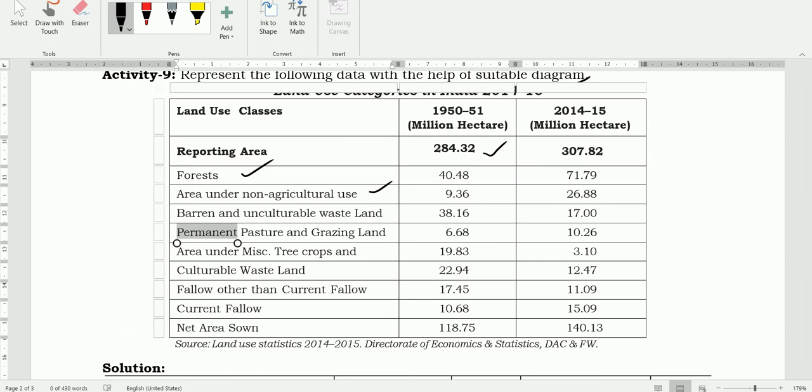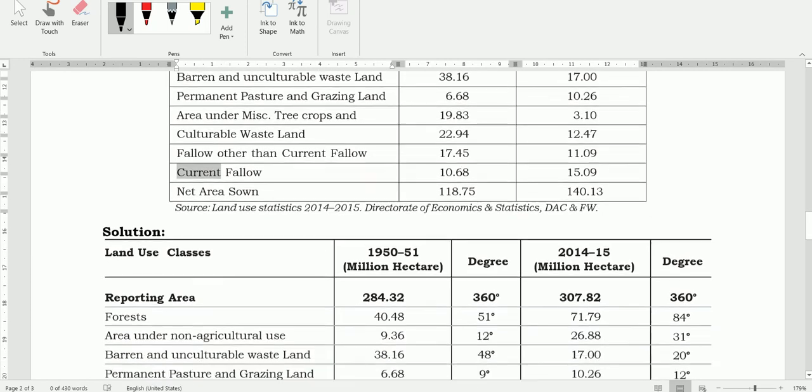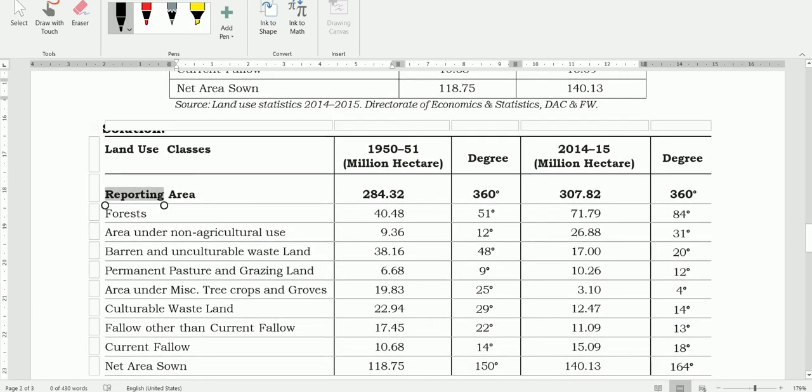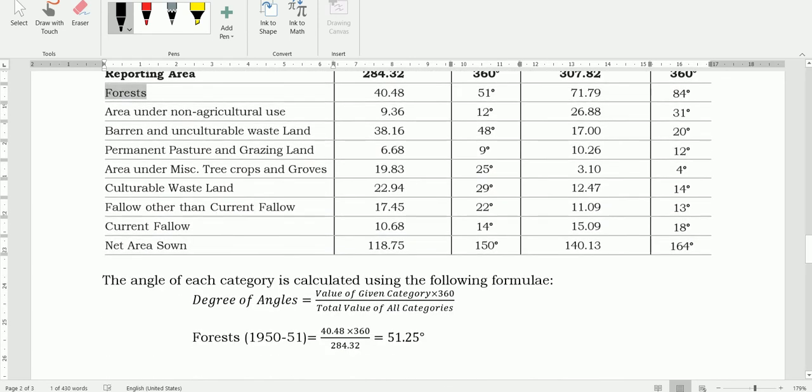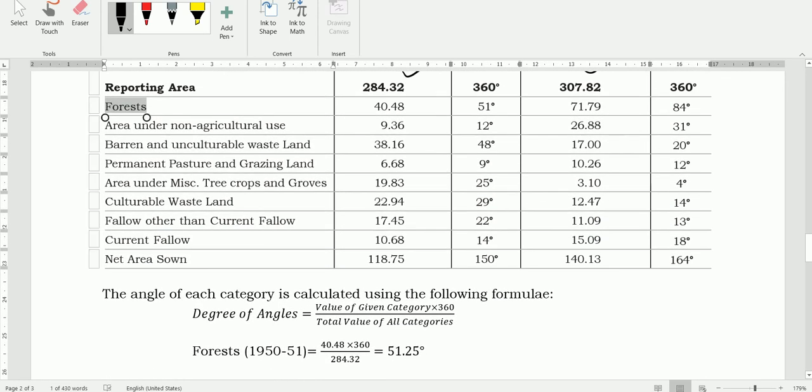Okay, and here, so this is the calculation table. So we have to use the first formula in this case. Okay, we have to use the first formula. And here this is for 1950-51, and another one, this is for 2014-15. Just the formula is here. As I told you, we have to use the first formula here, this one.